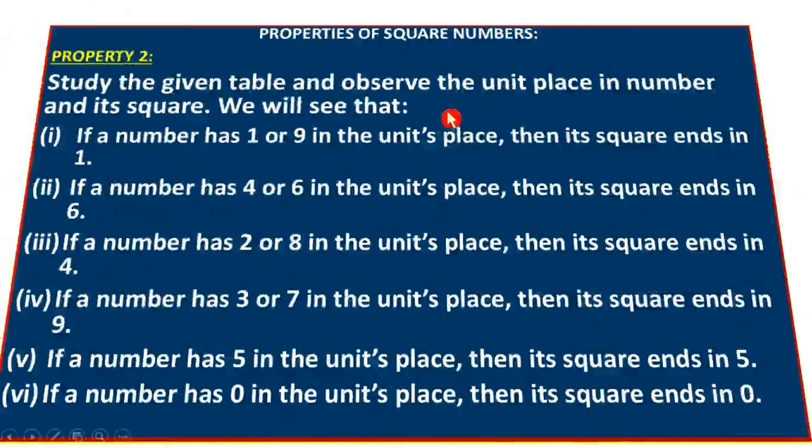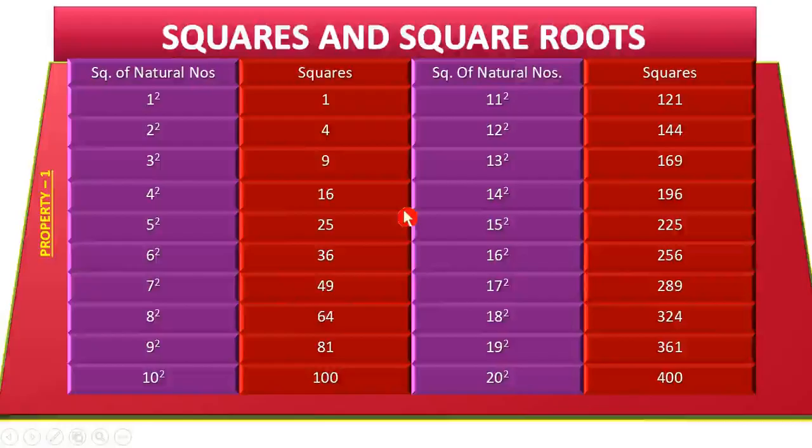Again comes the next property, property number 2. Study the given table and observe the unit place in a number and its square. We'll see that if a number has 1 or 9 in its units place, then its square ends in 1.